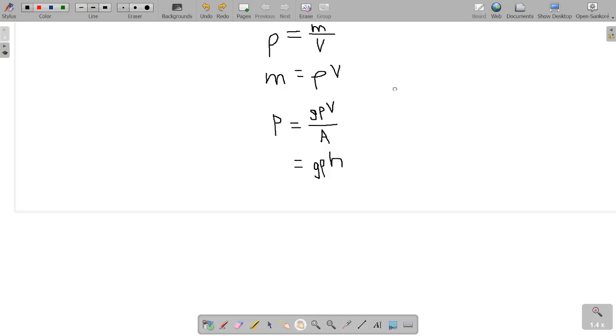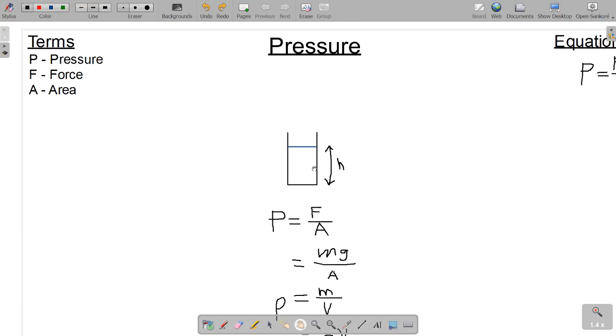Once you know the density of the fluid and the height of the fluid, you can calculate the pressure at a certain point. Say you want to know the pressure at this point, you must know the height this point is below the water level or whatever fluid level, and you need to know the density of the fluid. Then you can calculate the pressure at this point.